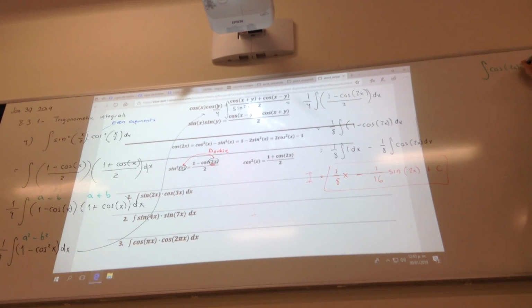Cosine of 2x, with the complete procedure, I need to choose u is 2x, du is 2dx, there is no 2, so you multiply times 1/2, the reciprocal, to cancel the 2. So my new integral is 1/2 integral of cosine of u du. At the end, 1/2 sine of u plus c times the 8 that I had. So that's the whole procedure. You can do it in a single step.